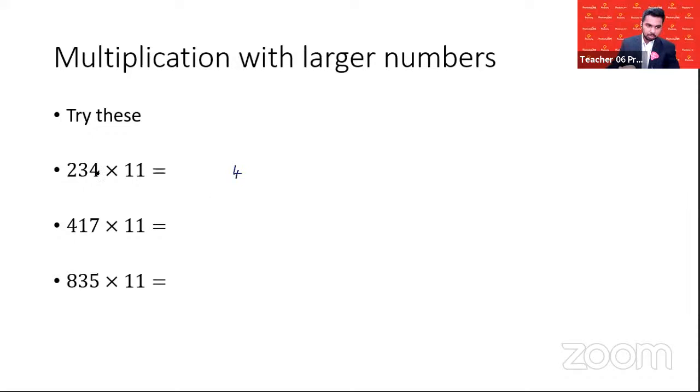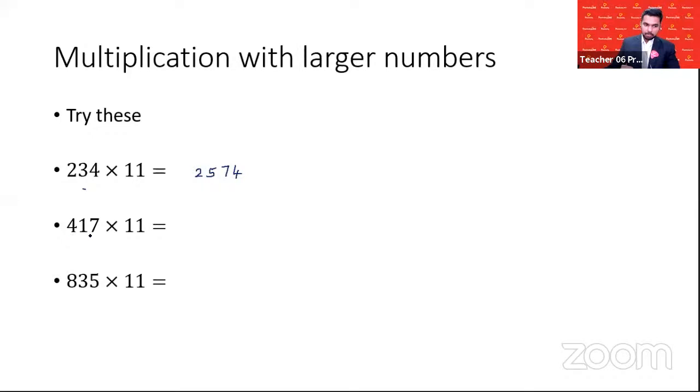The next number is going to be 4 plus 3, which is 7. The next number is going to be 3 plus 2, which is 5. And the last number is 2. In fact, you can see the magic of how multiplication by 11 eliminates all the intermediate steps. What you have essentially done is some digit sums, and these digit sums are done in pairs.